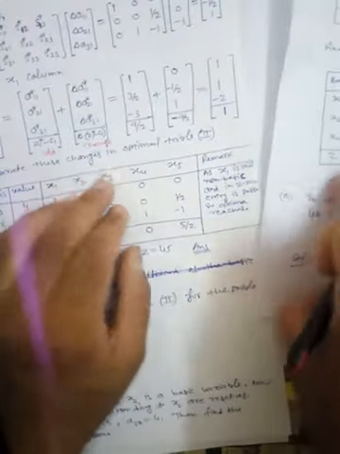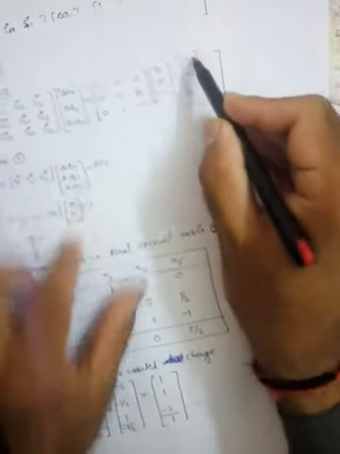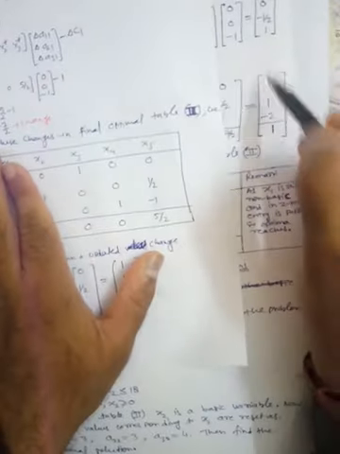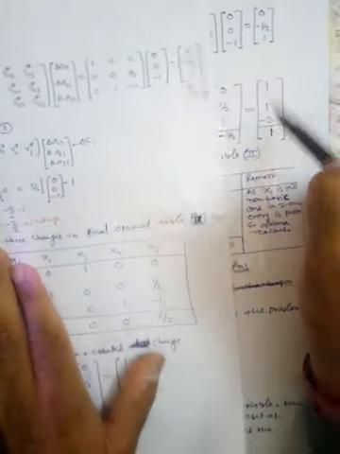Plus the change. We have already calculated this change and this change, so incorporated here: 1, 1, minus 2.